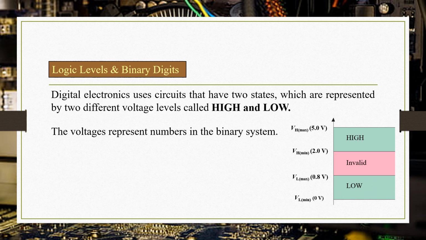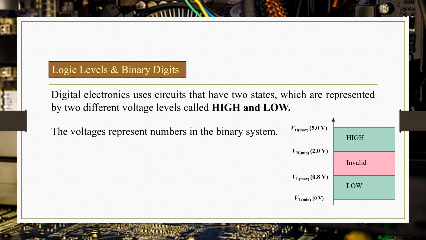Before discussing about the digital systems, let us look into the logic levels and binary digits. Digital electronics uses circuits that have two states which are represented by two different voltage levels called high and low. If the voltage level is in between 0 volt to 0.8 volt, then it represents the low logic level.